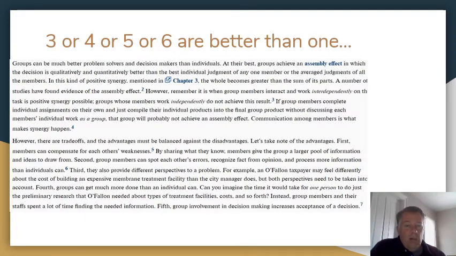It talks about some of the advantages and disadvantages of group work. For example, you can compensate for each other's weaknesses. You can spot each other's errors. You can offer many more perspectives. You can get more done. And here I am reading it anyhow.